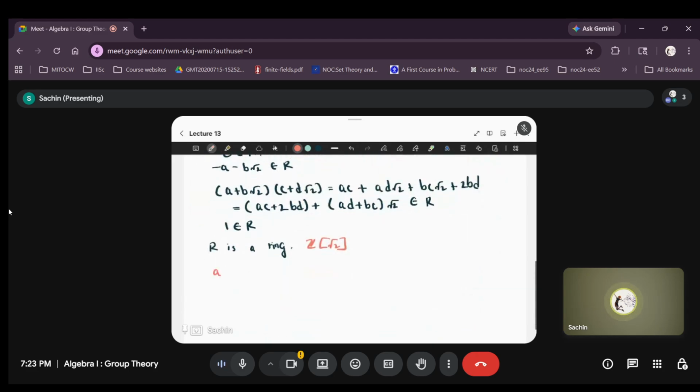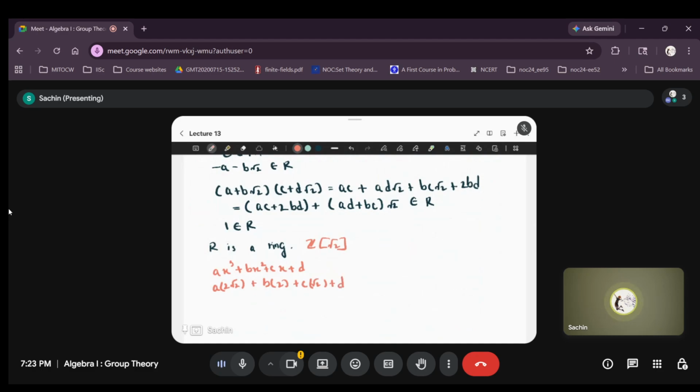Because we have ax cubed plus bx squared plus cx plus d in Z[x]. You replace x by square root 2, you get square root 2 whole cubed is 2 root 2, because root 2 cubed is root 2 squared into root 2, and root 2 squared is 2. So b into 2 plus c root 2 plus d.